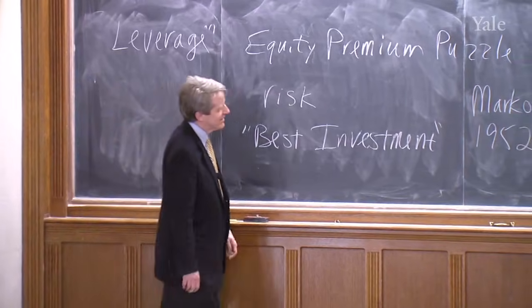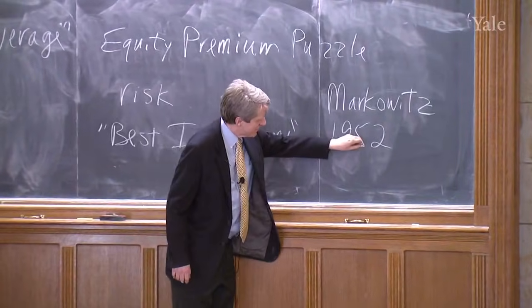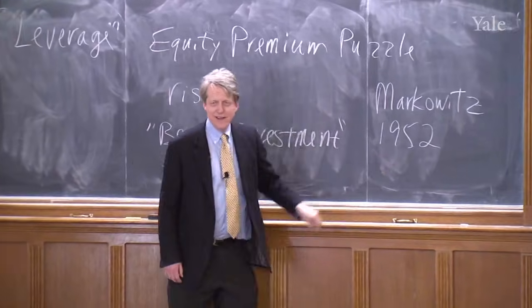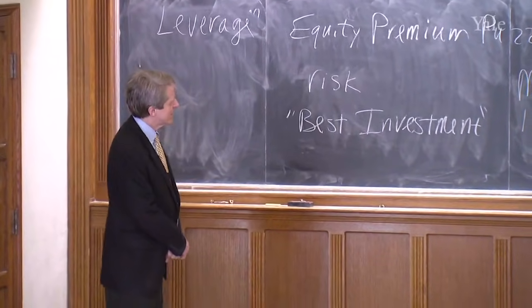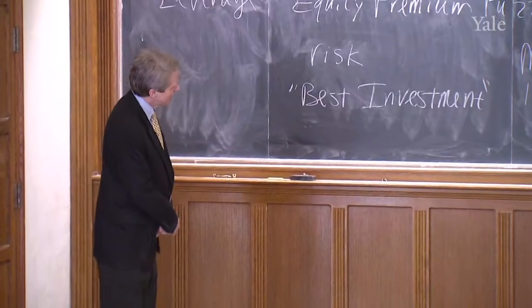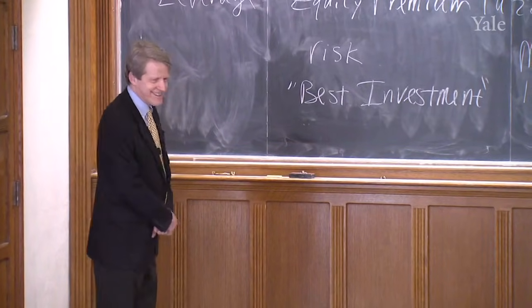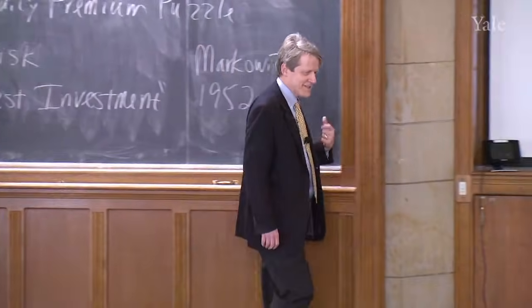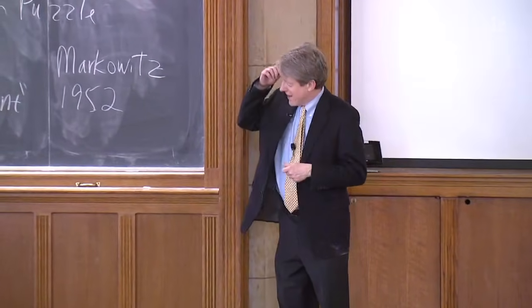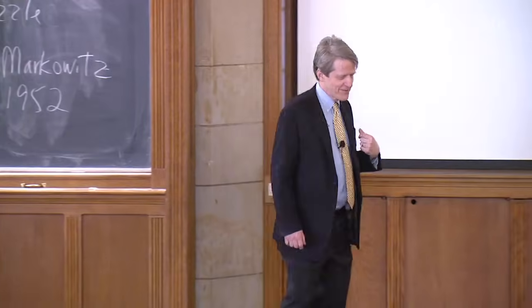When I went back and read Markowitz's Journal of Finance article from '52, it's kind of remarkable to me that what he was talking about wasn't known yet in 1952. He was getting at this core idea of what's the best investment, and how do you judge what's the best investment.